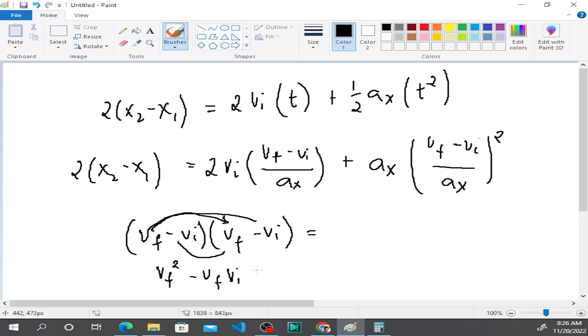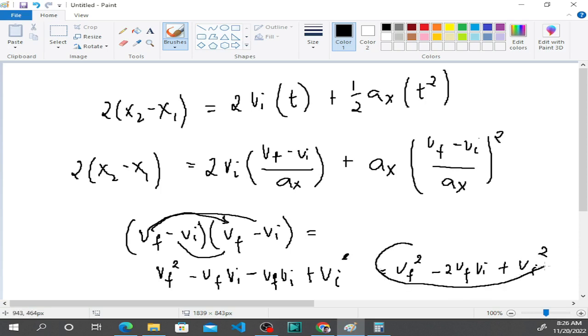Alright, so this one minus, multiply that one, vf vi, and then plus, because negative times negative is positive, vi to the power of 2. Okay, so we will see that the numerator is equivalent to vf squared minus 2 vf vi, plus vi to the power of 2. And then we're going to substitute it here.